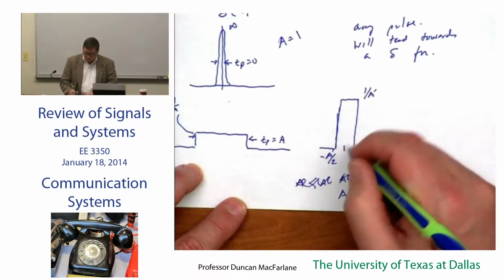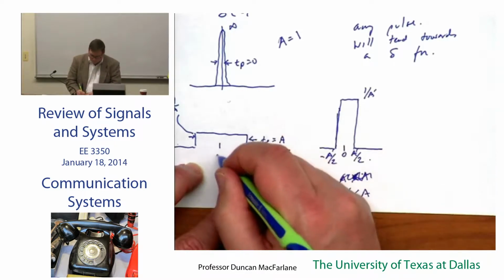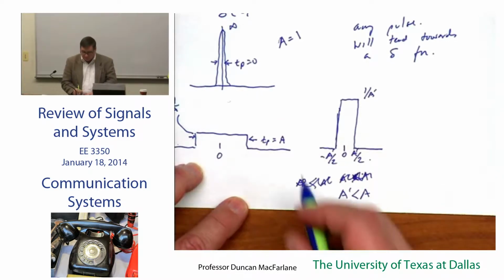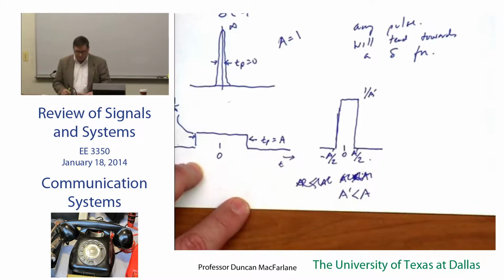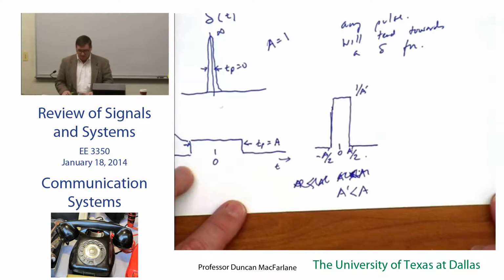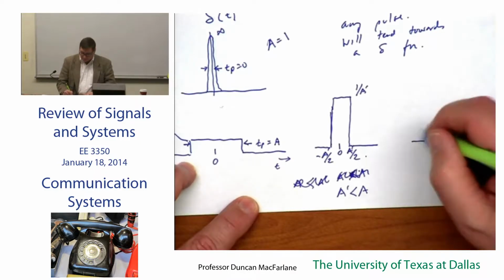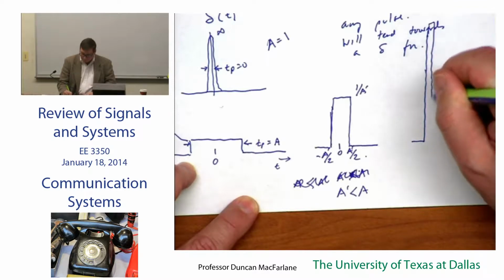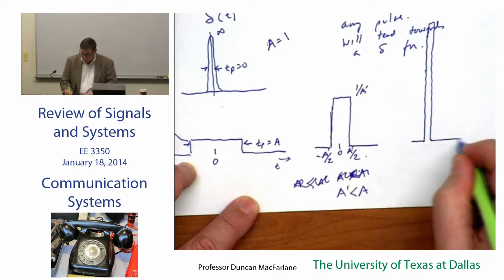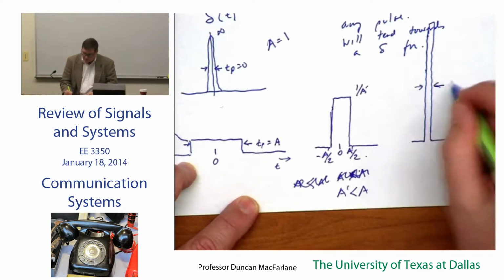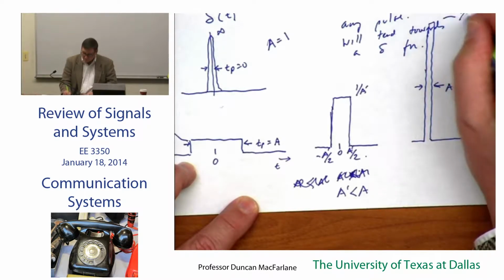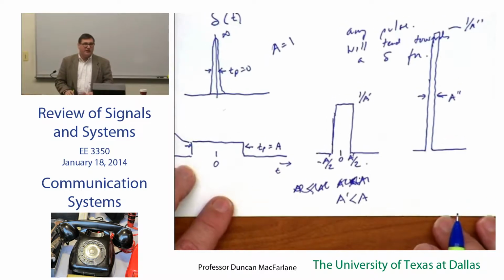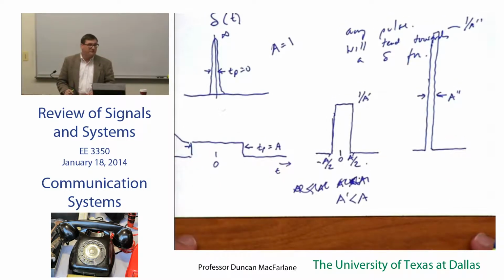And by the way, the pulse right in the middle is time t equals 0. So I'm plotting this in the time domain. Okay, and the center of that pulse is 0. So now let's say I take 1 over A and halve it. You can start to see how this delta function progression goes.